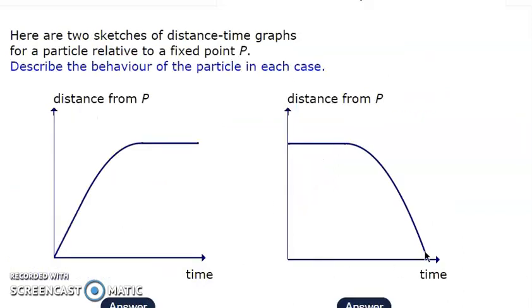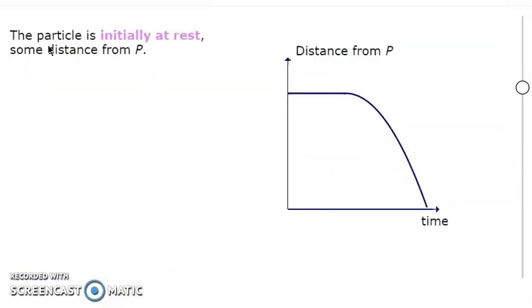Now let us take a look at this graph. The particle is initially at rest because time is 0, initially at rest, some distance from P. This difference shows the distance, and time is 0 because it is here.